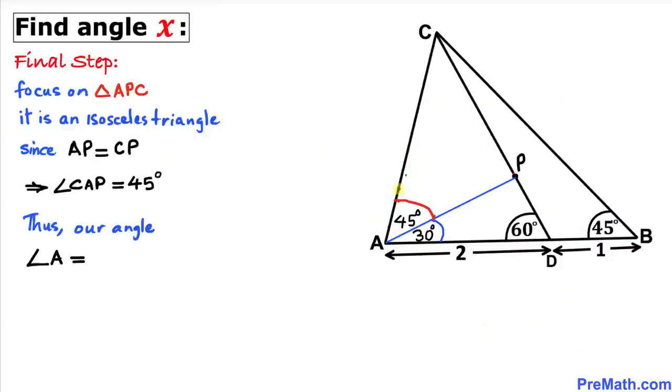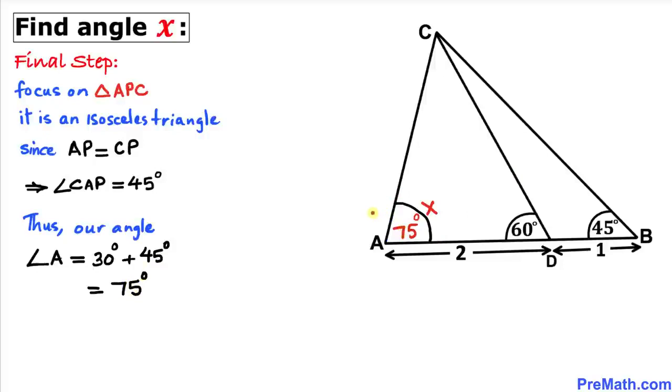So therefore, this angle A is going to be the sum of these individual angles, 45 degrees plus 30 degrees. So therefore, I can write this as 30 degrees plus 45 degrees, which is equal to 75 degrees.